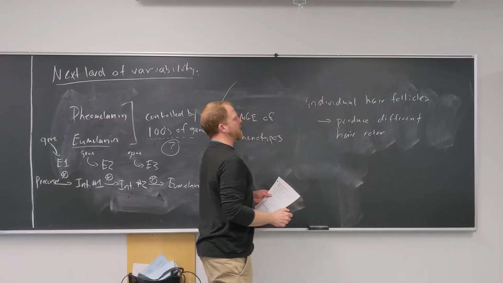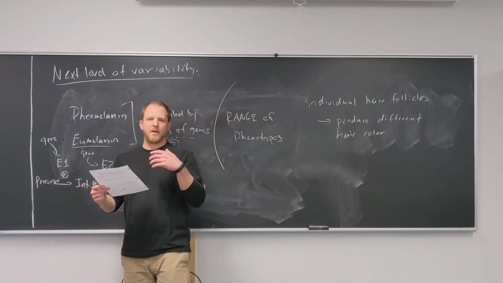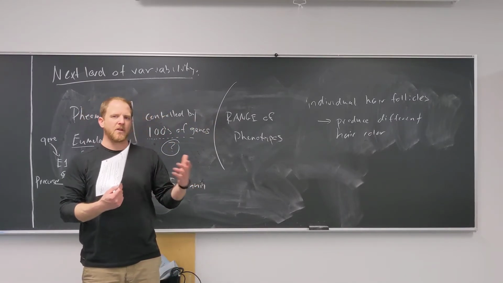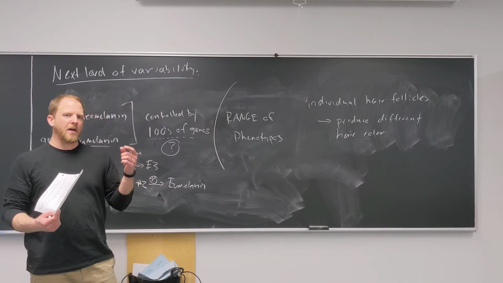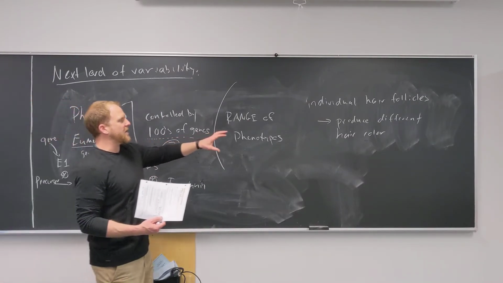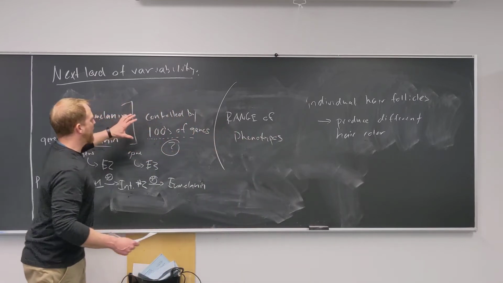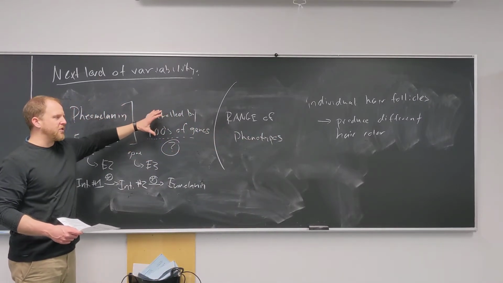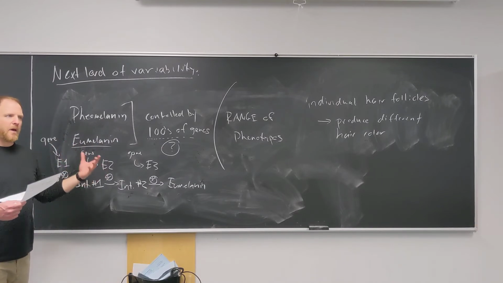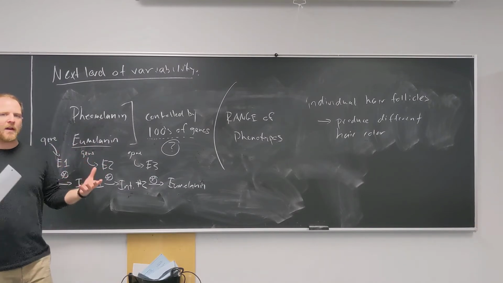I don't know a whole lot about how this happens, how some hair follicles end up producing brown hair, while some hair follicles end up producing red hair. But I have a hunch that it's probably controlled by the fact that each of these different hair follicles are going to have different levels of expression of some of these genes, which can then affect the levels of the pigments that are produced by these hair follicle cells, which ends up in the hair itself.